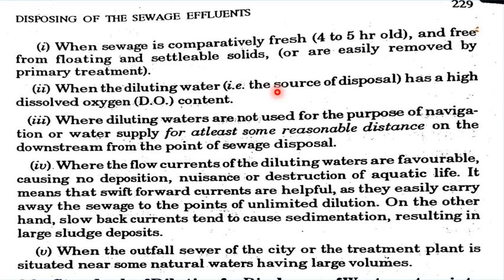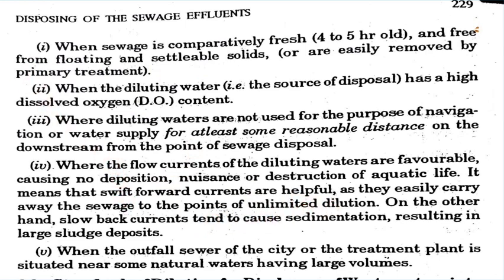These are the conditions when we have to dispose the sewage directly into the water body. The sewage should be comparatively fresh. Fresh sewage usually is 4 to 5 hours old. Then it is suitable for disposal into the water body. These conditions we can study one by one afterwards.